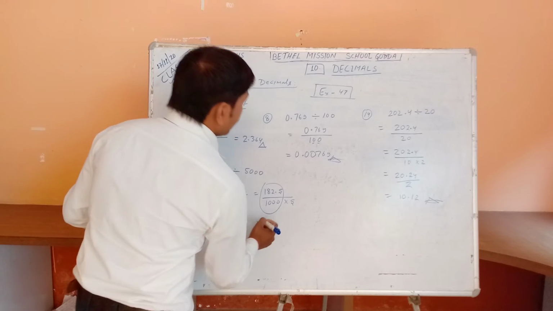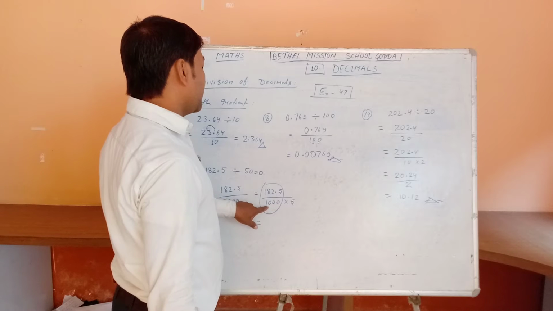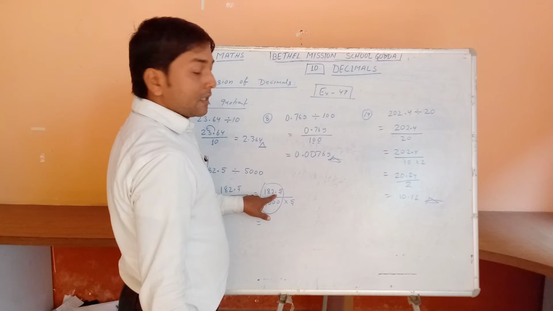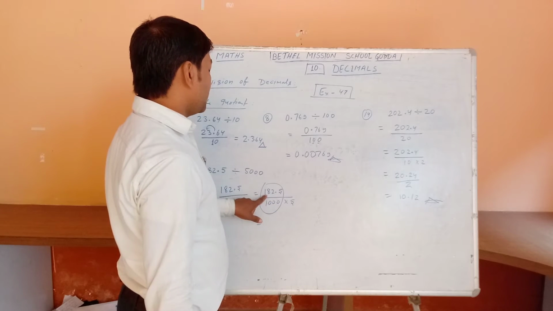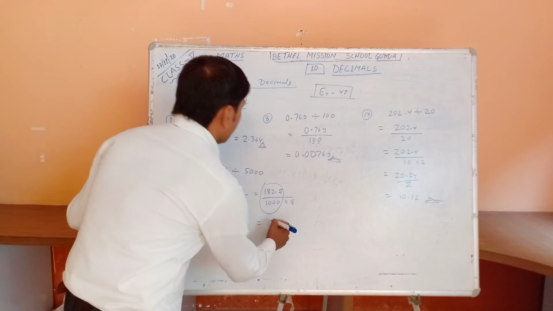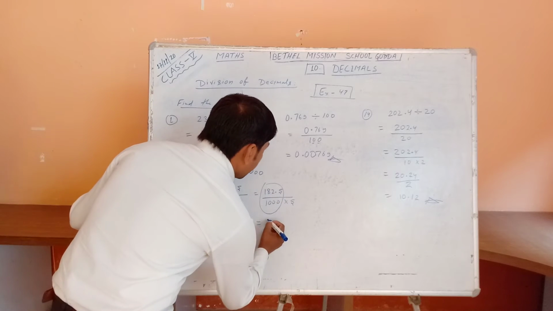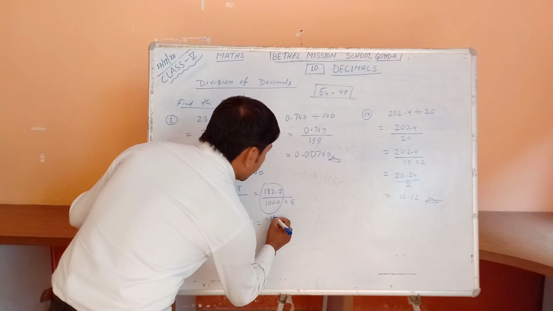For this we increase the decimal places. Here 1 and 0, 0, 0, 1, 2, 3, so the decimal moves 3 places. Now 1 and 3, that is 4 decimal places. It means the decimal is placed here. It means 0.1825.